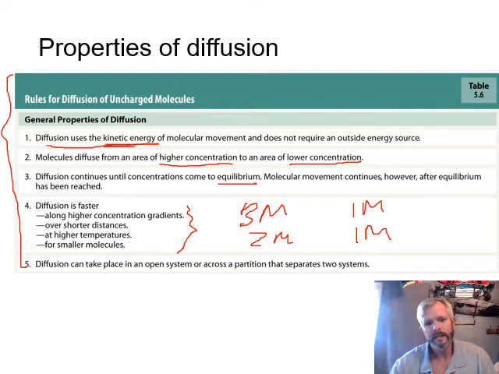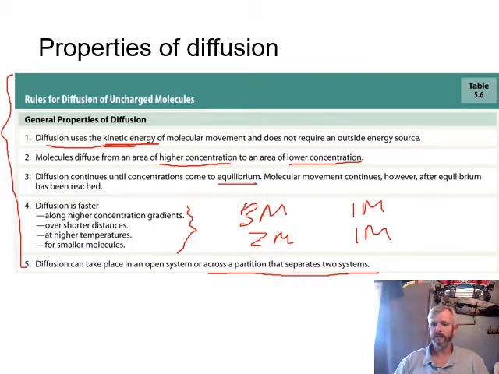The last one, diffusion takes place in an open system, kind of like we did with the dye. It was all in one system, or across a partition. This is what we're concerned about because we have a partition. Our partition, in our case, when we're talking biology, is the cell membrane. So that cell membrane separates the intracellular fluid from, outside the cell membrane, the extracellular fluid.